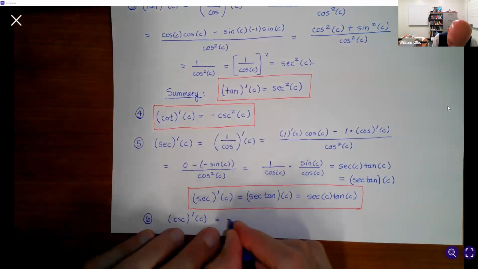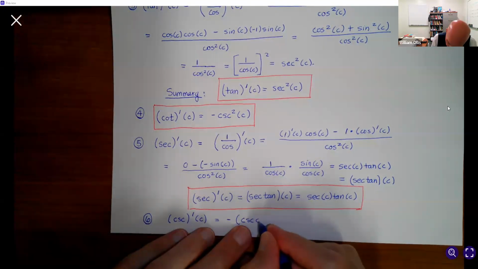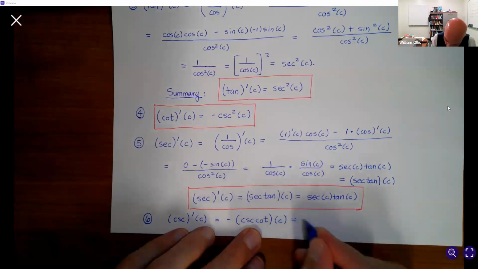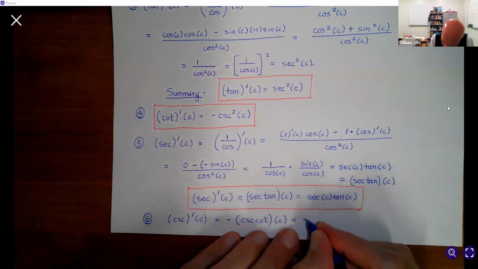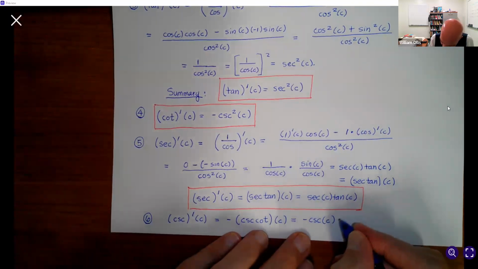This turns out to be the negative of cosecant cotangent evaluated at C, or written in terms of definition, the negative cosecant at C times cotangent at C.